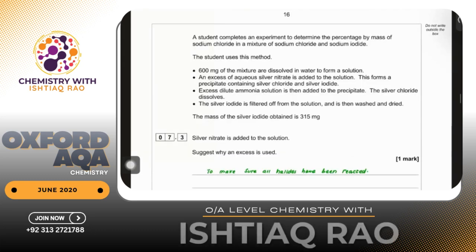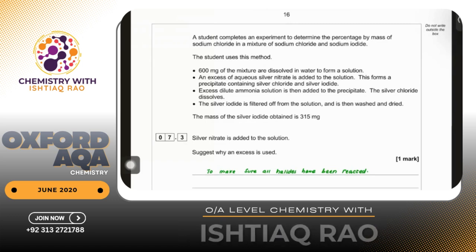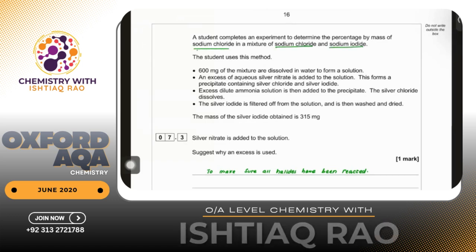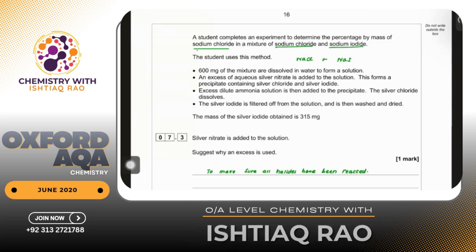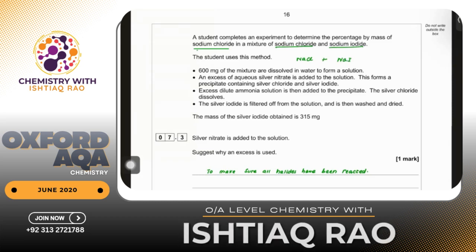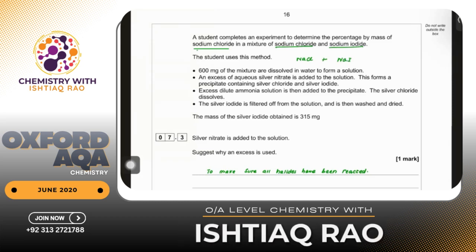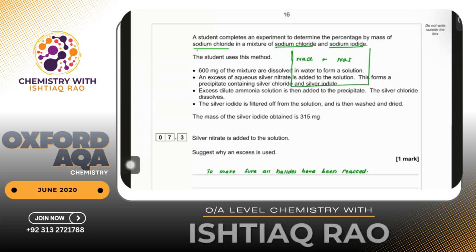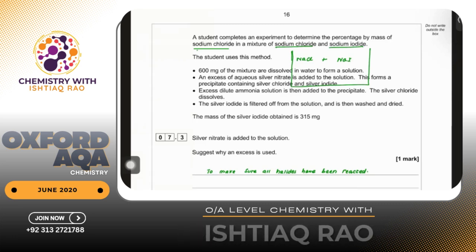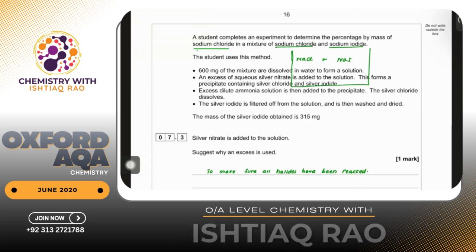Basically, they were saying the percentage by mass of sodium chloride in a mixture of sodium chloride and sodium iodide. So 600 milligrams of the mixture are dissolved in water, then an excess of aqueous silver nitrate is added. As a result, silver chloride and silver iodide are formed.